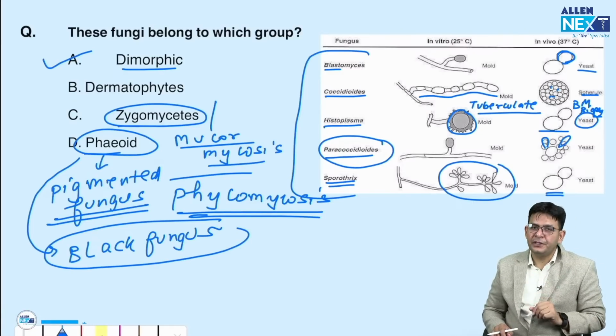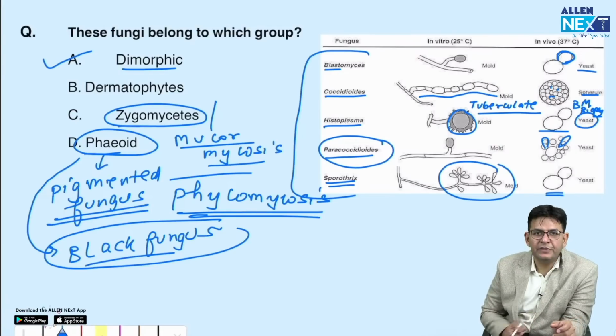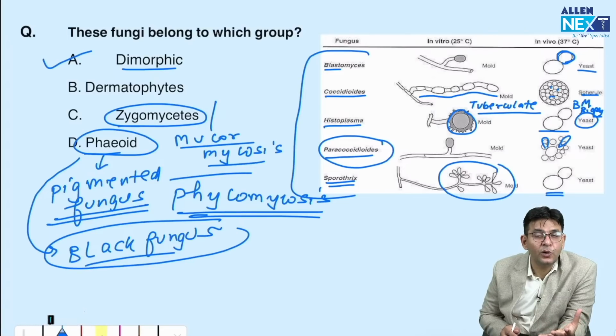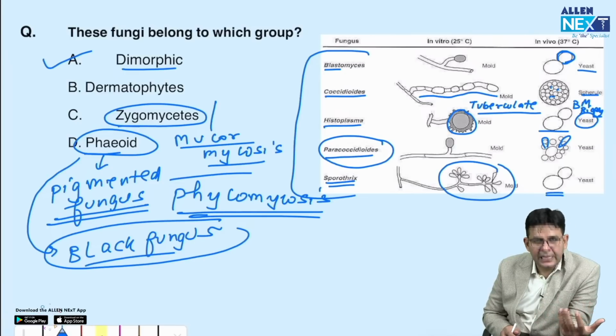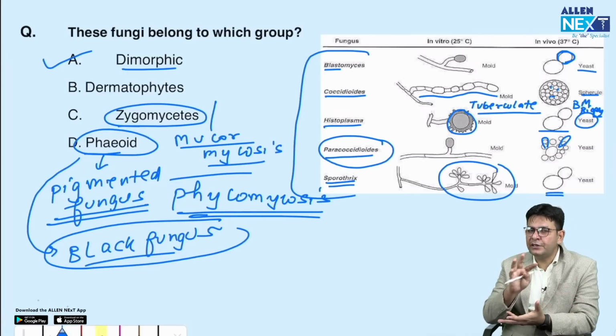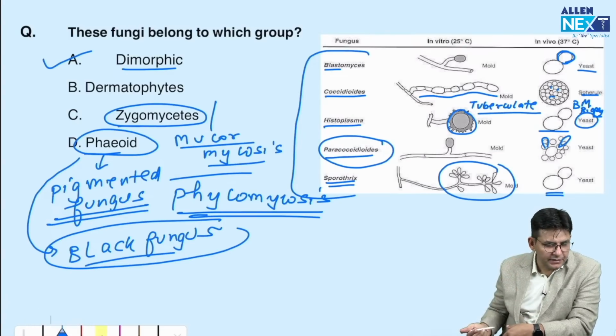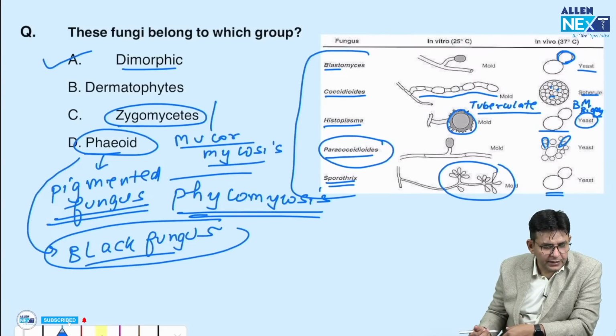Black fungus is not mucor. Okay, black fungus is pheoid fungus, and pheoid fungus are darkly pigmented ones. Let me tell you an example of this: chromoblastomycosis, which we're talking about now. So in which you have those medlar bodies and all that. That actually, that family is having certain fungus which are black in color. So that's why they are termed as what? Black fungus. Curvularia. You're right, guys.